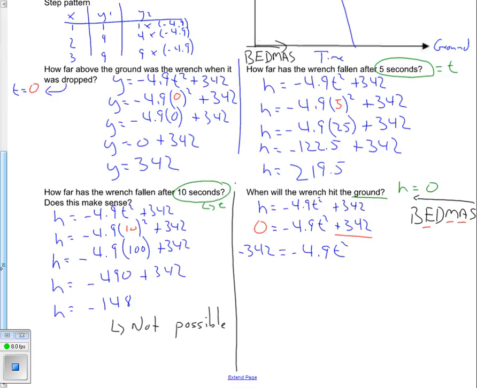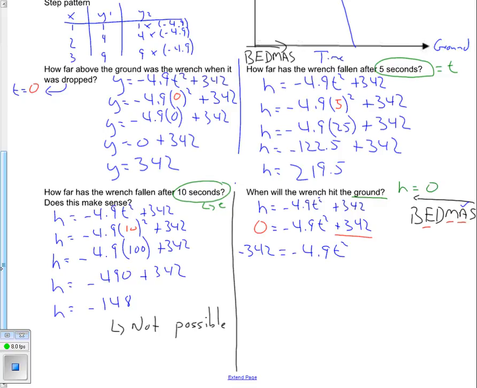So we've moved all of the addition to the left-hand side of the equal sign by subtracting from both sides. Now we need to deal with the multiplication. The opposite of multiplying is dividing, so I'm going to divide both sides by negative 4.9.